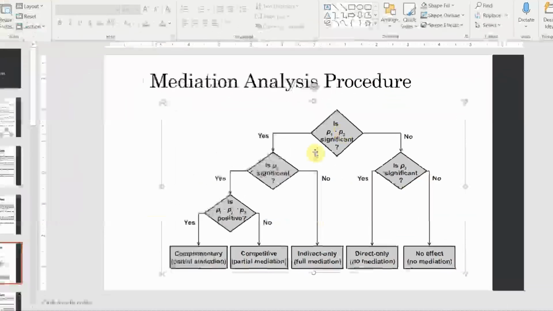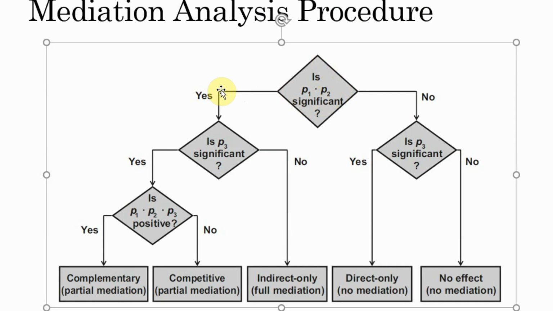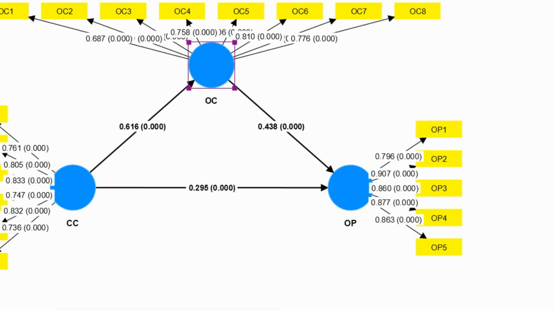Now the next step: once we see that yes, there is an indirect effect, you will come here. Is P3 significant? Where is P3? This here is P3, your direct effect. Why am I saying this is the direct effect? Because you already have a mediator in the model. Is this significant? Yes, it is. So some of the impact of CC on OP is passing through this path, whereas some of the impact is passing through the other path. Both the indirect path and the direct path are significant.